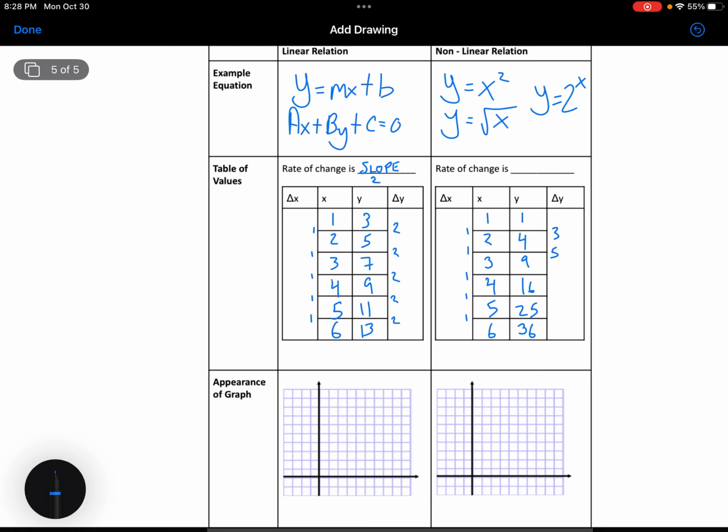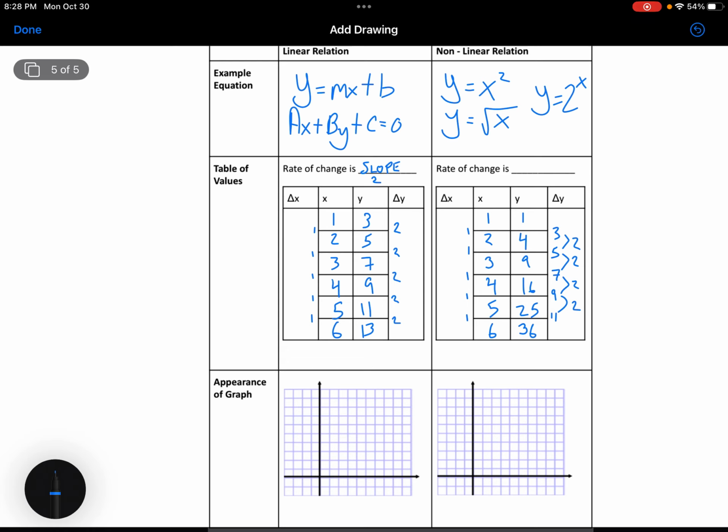So we go up by 3, 5, 7, 9, 11. If we were to look at the next one, it's 2, 2, 2, 2. So the second difference is actually equal in this case, and that tells us it's quadratic.